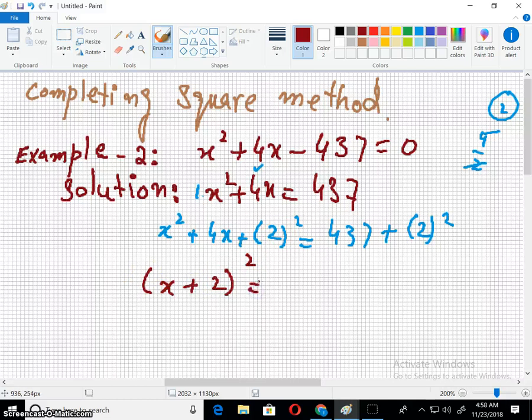So this is the whole square. 437 plus 4 becomes 441.